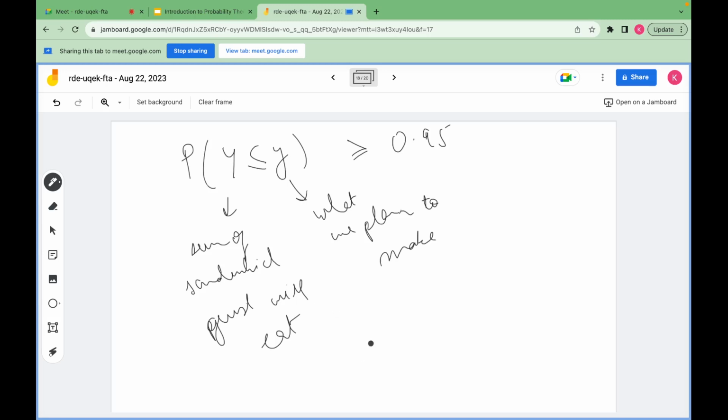Okay, so we found this value from the central limit theorem.